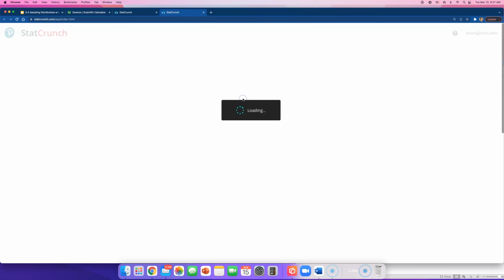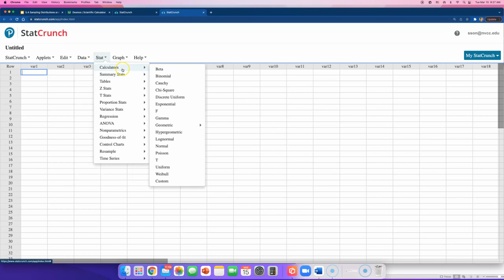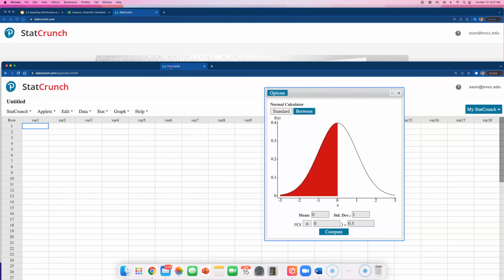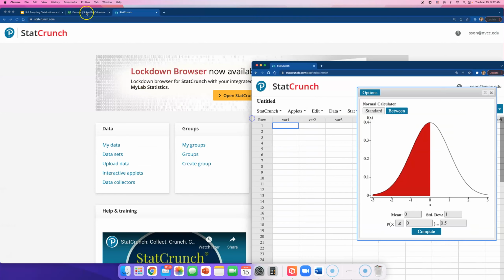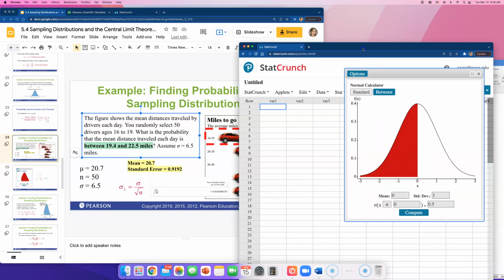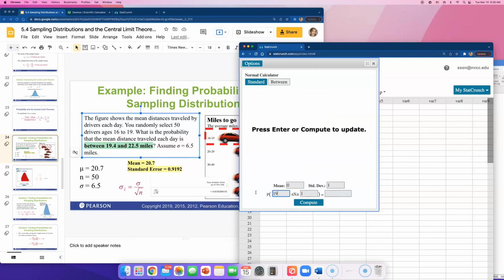All right, open up a normal calculator. Stat, calculator, normal. And let's enter all those numbers that we found. What was the mean? Go to the between calculator because we're trying to find the area or probability between 19.4 and 22.5.